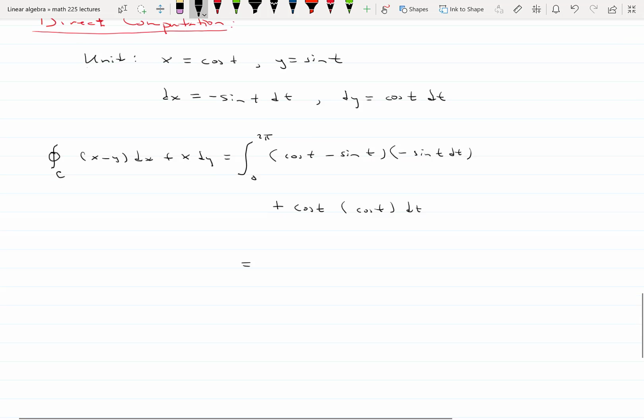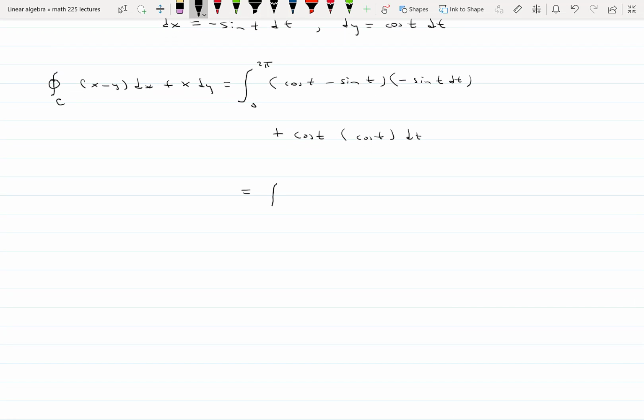So let's simplify this. Let's factor out the dt and do even some more. If we distribute the negative sine of t in the first part of the integral, we get negative cosine t times sine of t, and then plus sine squared t.